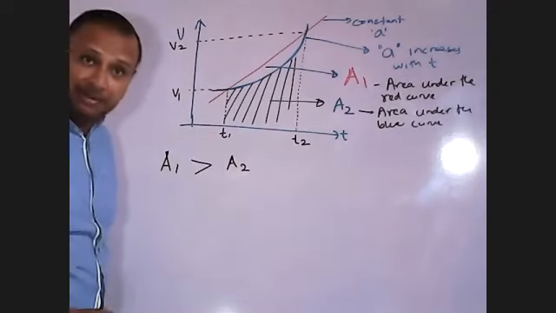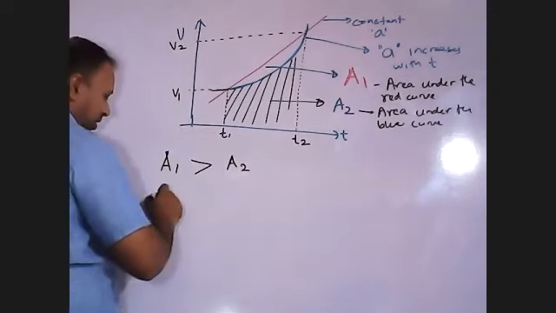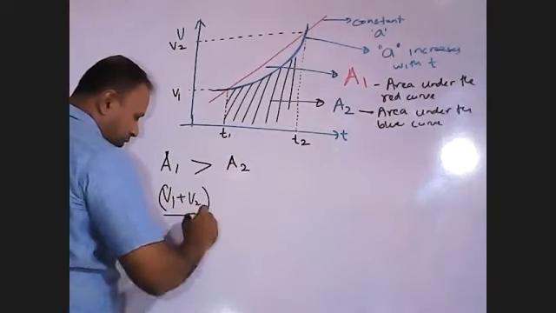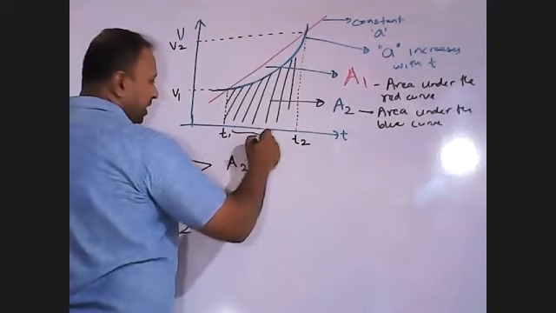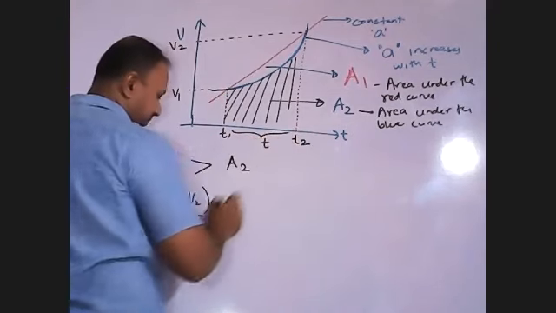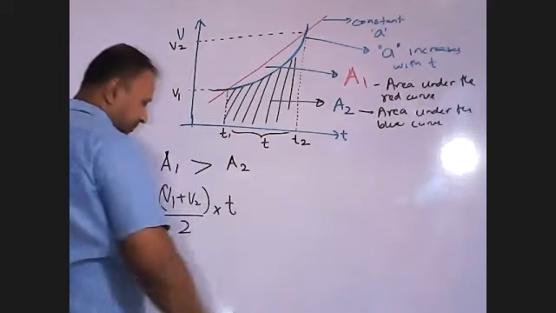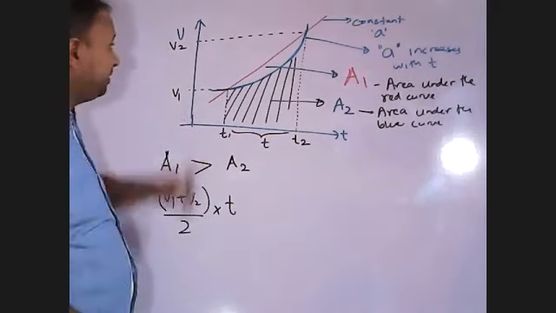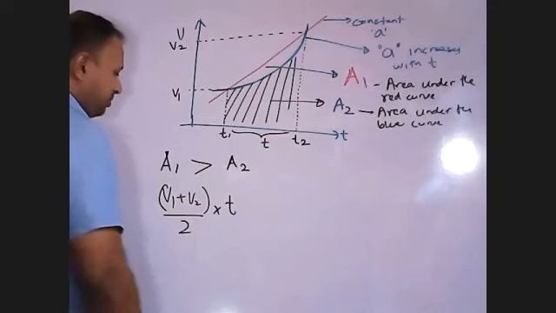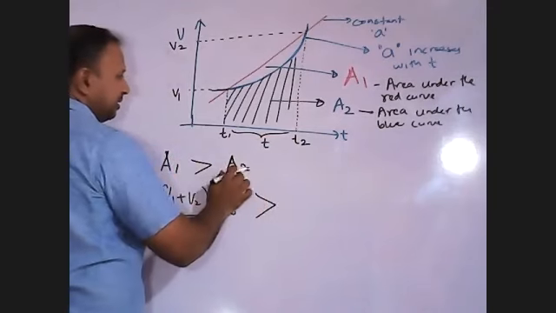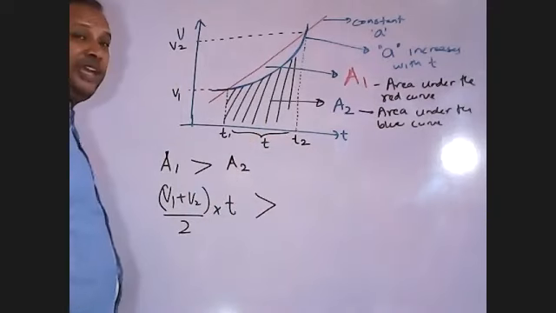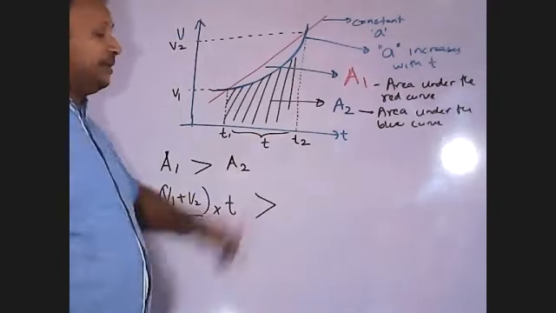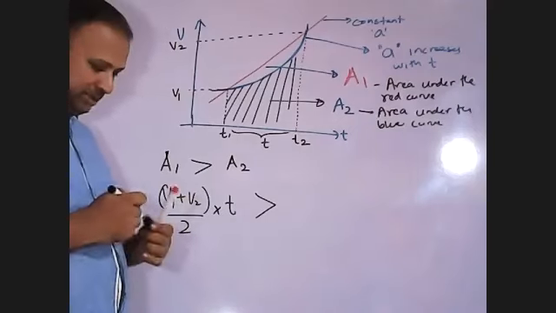The area of the trapezium is equal to V1 plus V2 over 2 into T. This is the area under the red one, A2, and it is less than the area under the blue curve.